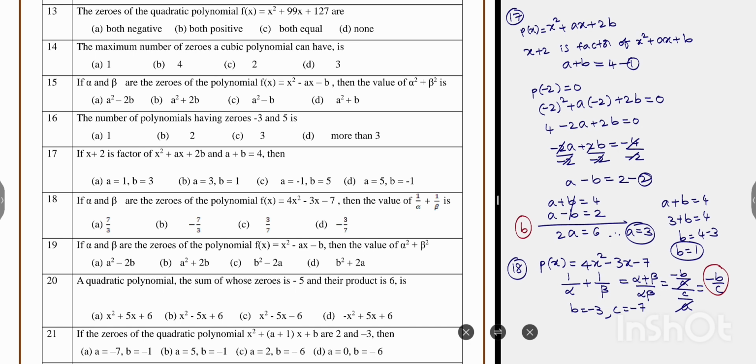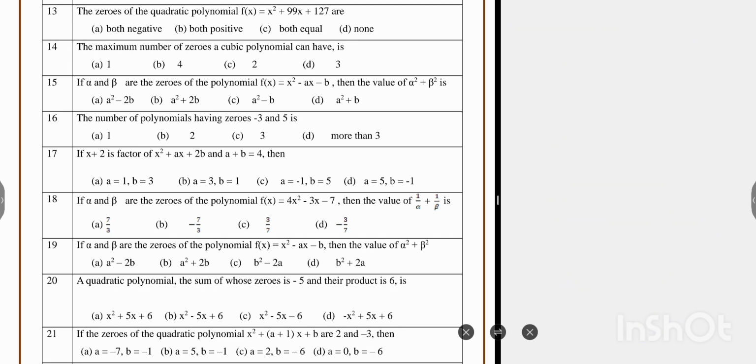If you substitute these in the formula, minus b by c is equal to minus of minus 3 by minus 7. Minus into minus is plus, so plus 3 by minus 7 is minus 3 by 7 only. So option D is correct. Question number 18, option D is correct.